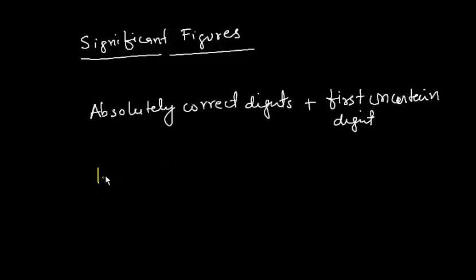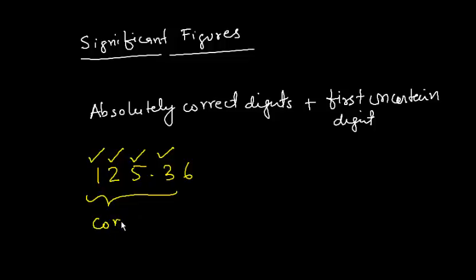Let me explain this. Suppose I measure something like this, 125.36, and here 125.3 is accurate.